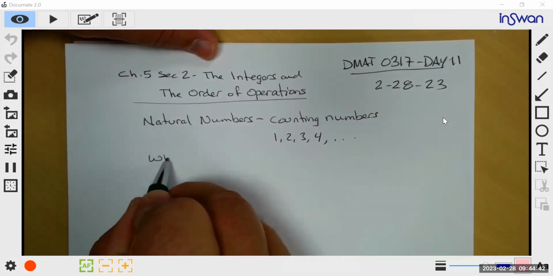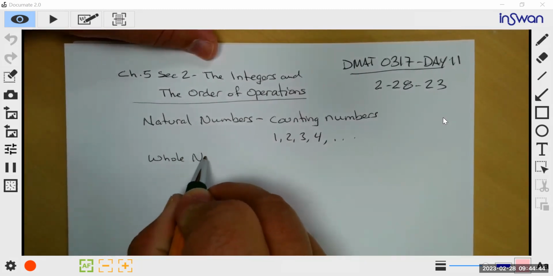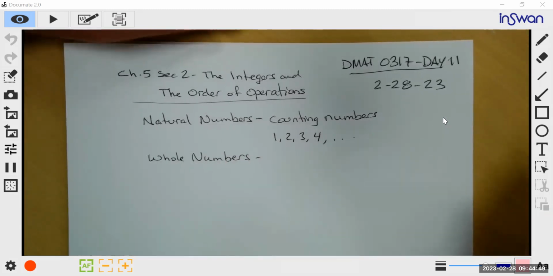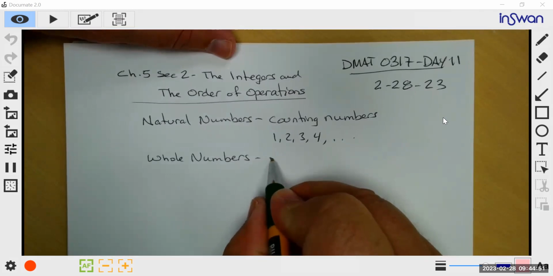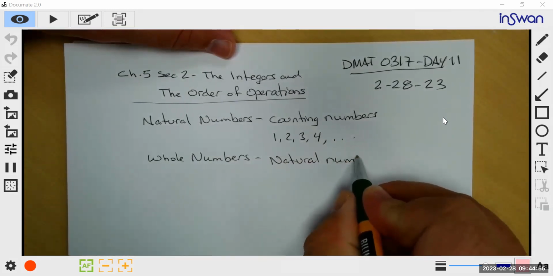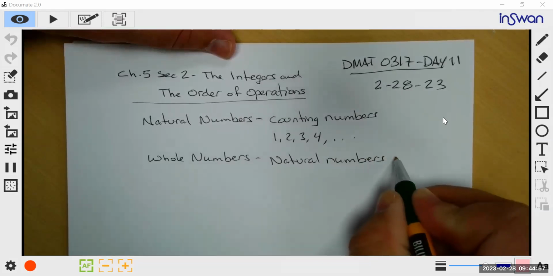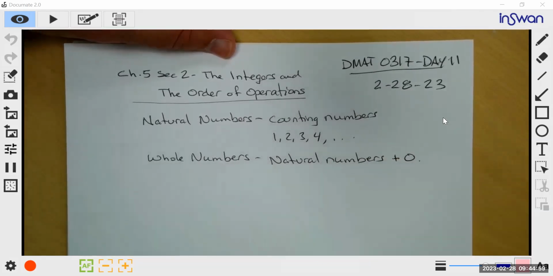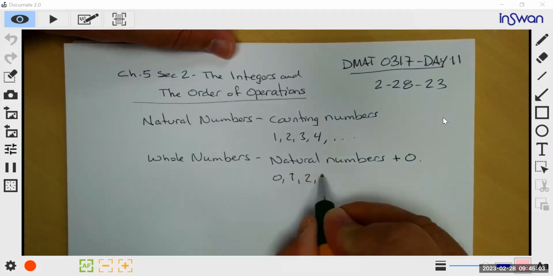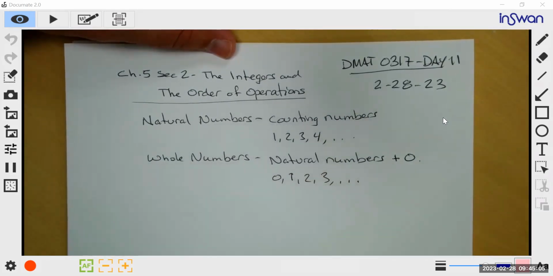Then we moved up to whole numbers. Those are the natural numbers plus the number 0. So it's 0, 1, 2, 3, and so on and so forth.